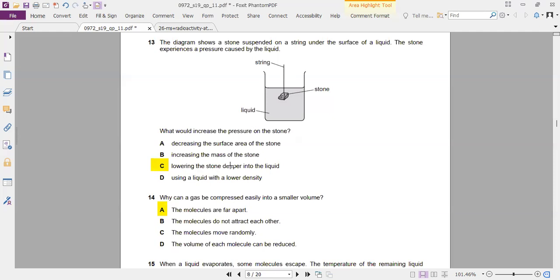Well, the deeper the stone goes, the more the pressure is on the stone because the water on the top of the stone will exert pressure. If there is more water, it will have more pressure from the top.